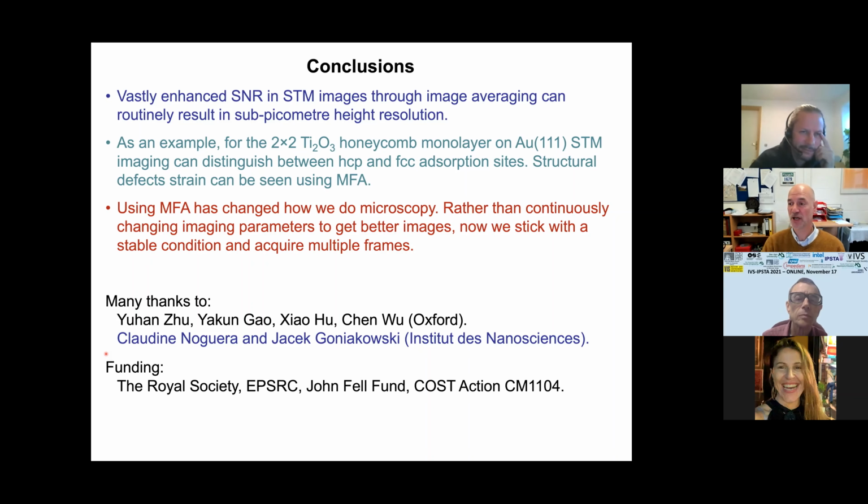Should I change the parameters in order to maybe get an image that's worth having? And that will allow you to build up a really nice data set without an operator sitting in front of the computer. So these could work in parallel, actually. If you had an automated way of obtaining the images, and then the image averaging software, that would be a very good way of combining those two approaches. Yeah.